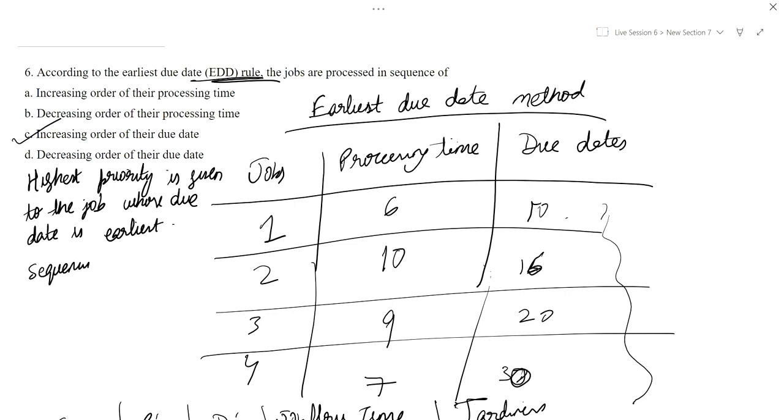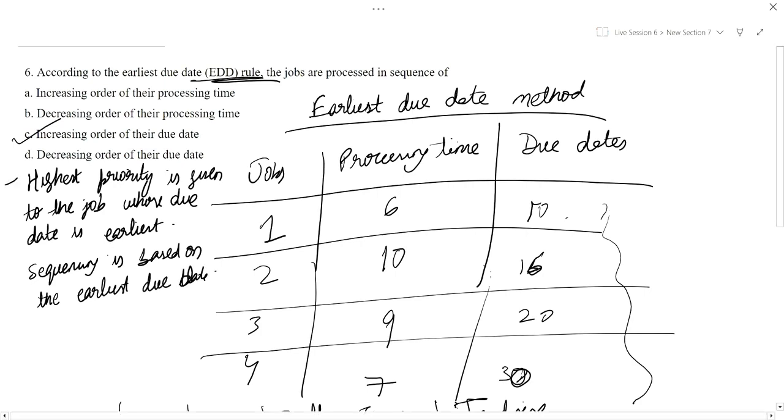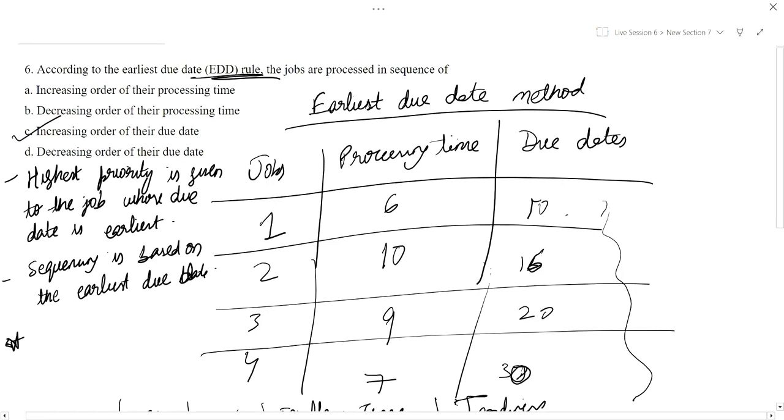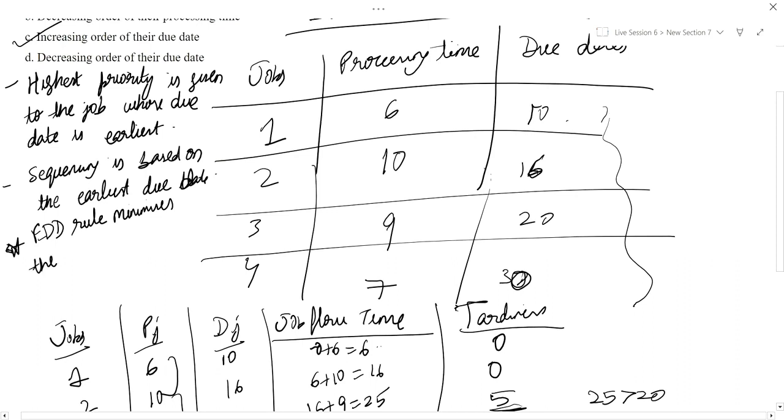Sequencing is based on the earliest due date. Also, one more point, this is very important: the EDD rule minimizes the total tardiness.